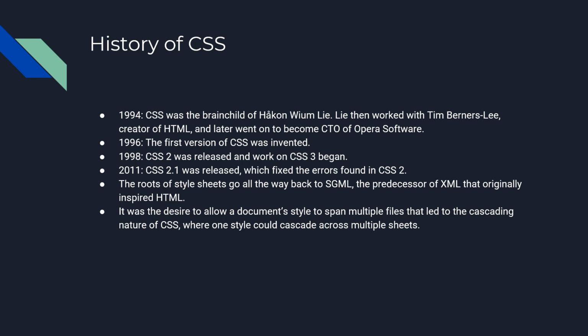It's kind of interesting to know that CSS didn't really update itself from CSS2 for almost 10, 15 years, until 2.1, which fixed a few errors. That means it was a pretty good one.